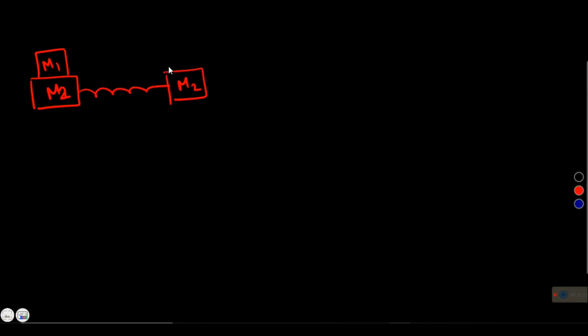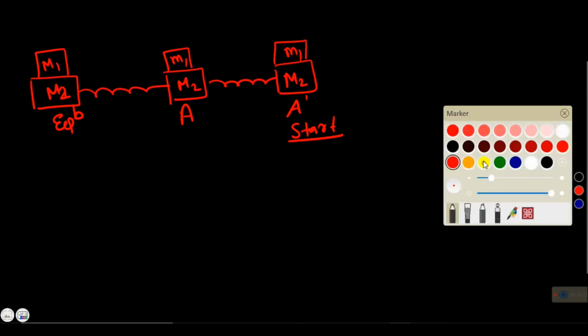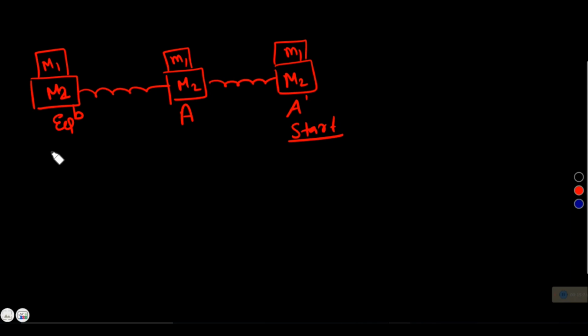First this was moved to here, this was your equilibrium position, this was your maximum displacement. Now this is further extended to A dash. At this position, this is your starting position. At this position both the blocks are released and we have to find the acceleration. Let us see how we can find.